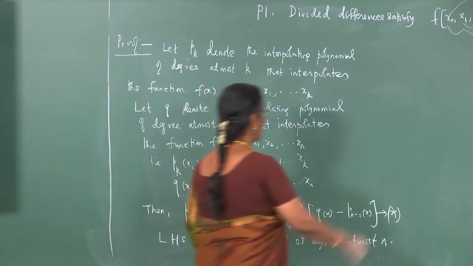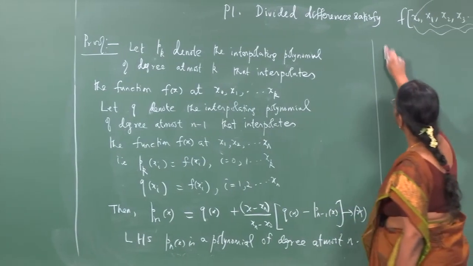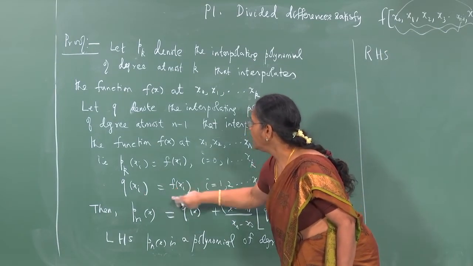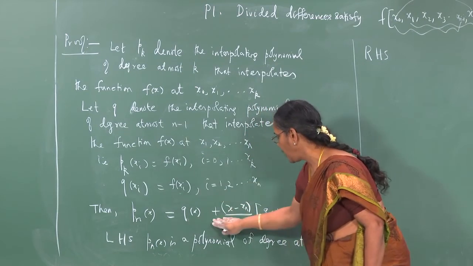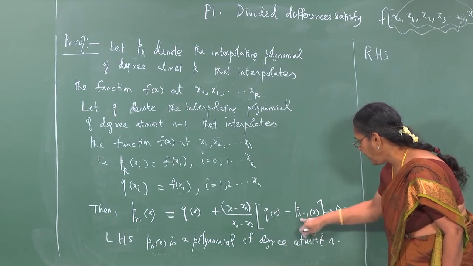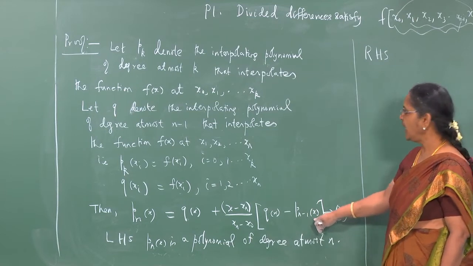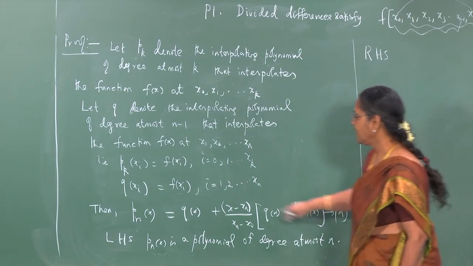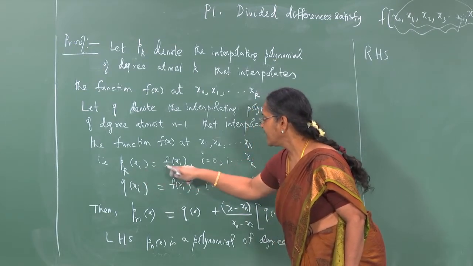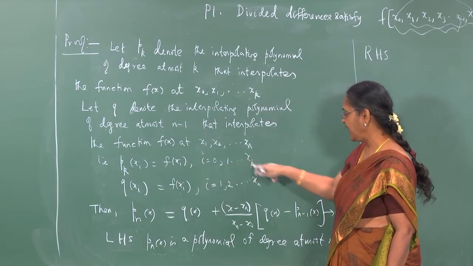Now let us look at the right hand side and see what it represents. I have q of x, I know it is a polynomial of degree at most n minus 1. What about Pn minus 1? Pn minus 1 is a polynomial of degree at most n minus 1 that interpolates the function f of x such that Pn minus 1 of xi is f of xi for i equal to 0, 1, 2, 3 up to n minus 1.